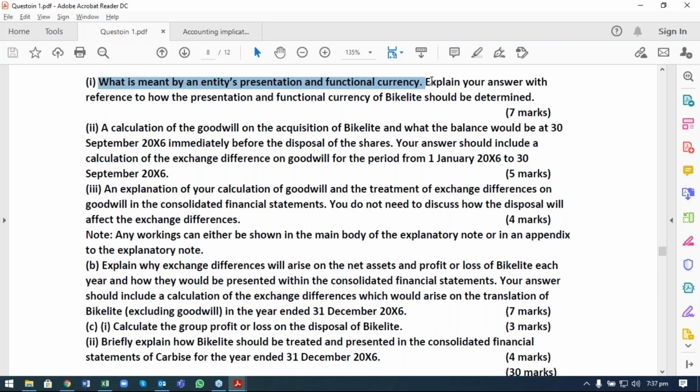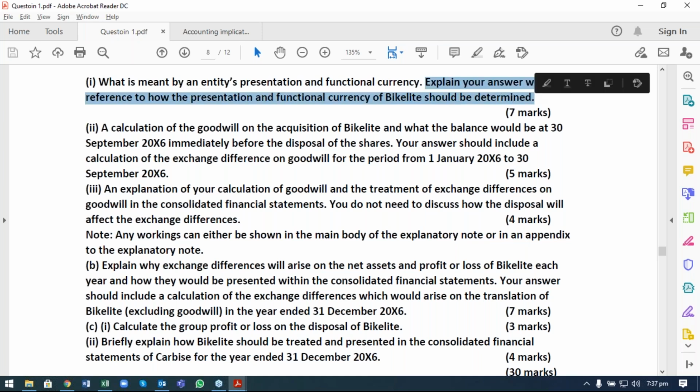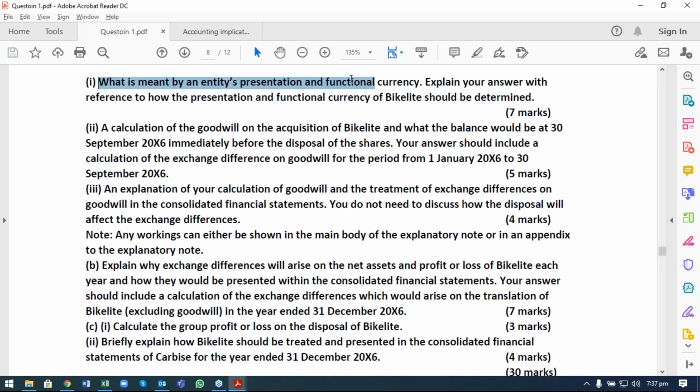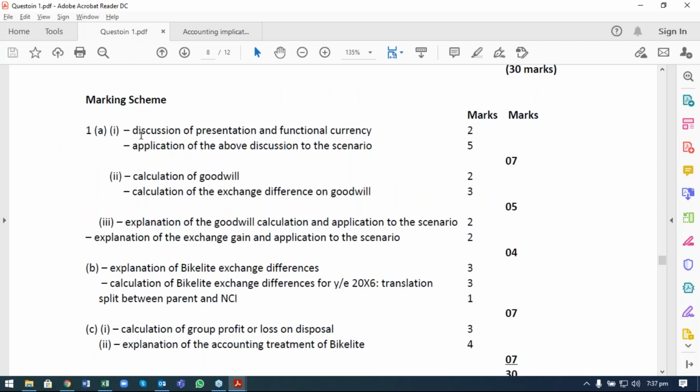Because we started explaining our question from this point, this is a learning aspect for everyone: we have to look into the whole aspect of the question. While answering, I started my answer from this main section. I never looked into what is meant by an entity's presentation and functional currency. In this question, the examiner has assigned 2 marks to discussion of presentation and functional currency.